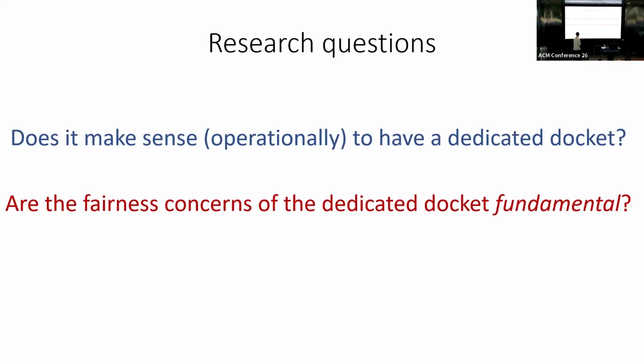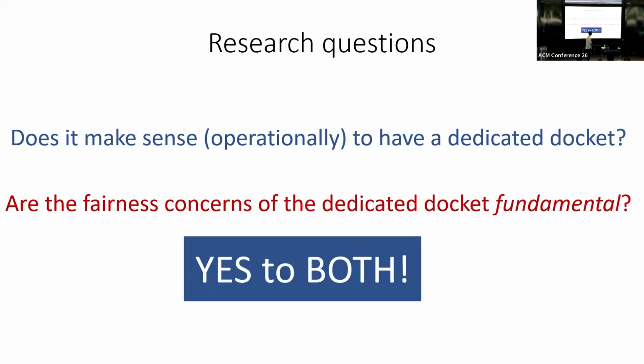And second, are the previous concerns about the dedicated docket raised by the legal or medical community fundamental to such a benefit? What I mean is, is it necessary for any benefit of the dedicated docket to bring some unfairness? Through a stylized model, we answer yes to both questions.